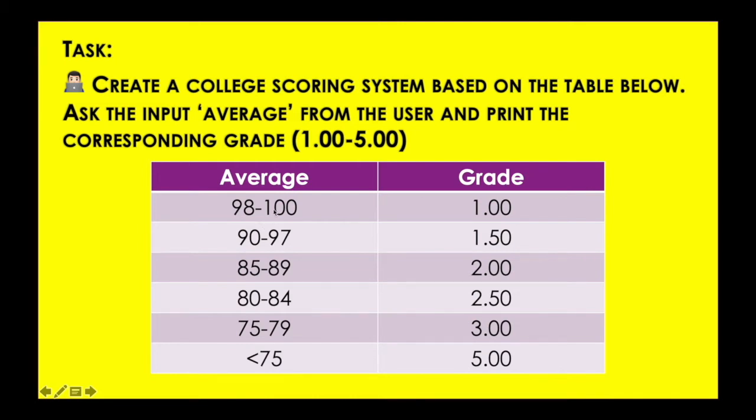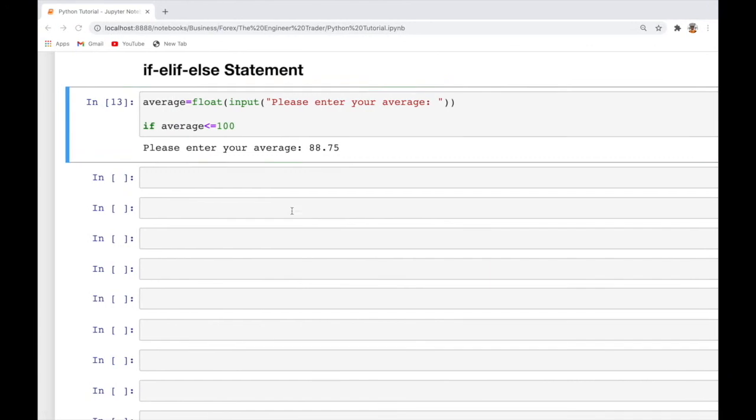Here we are doing this row, 98 to 100. So if that is less than or equals to 100, aside from the if-elif-else statement, we can also have here our logical operators. And that is the reason why we first learn how the logical operators are used.